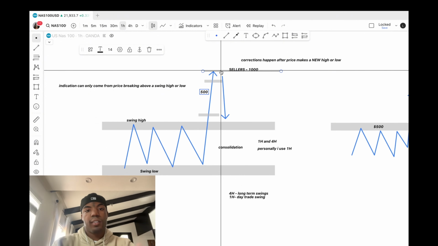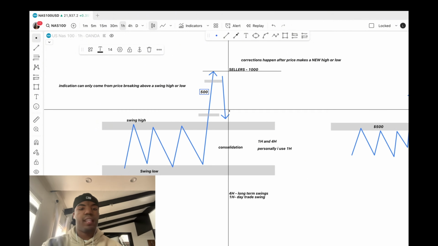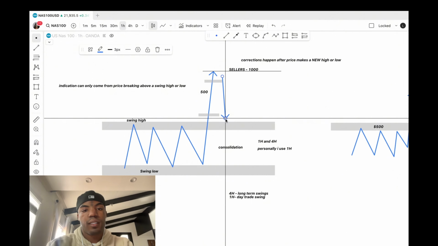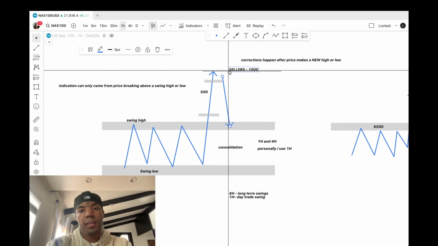So this causes the market to think, okay, there's 1,000 sellers here, but we have 500 buyers. What we need to do is take out all the buyers so we can collect all the money that they have, and then later on go back up and try to break out of that sell range. The sell level, I meant.